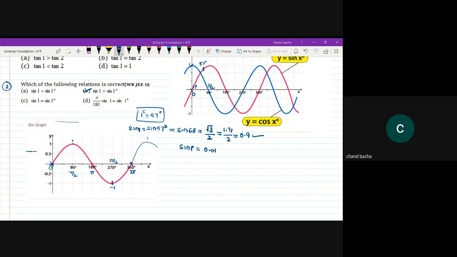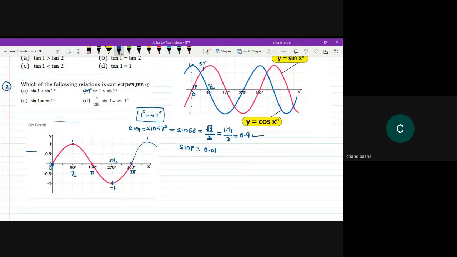Yeah, so I can go for, guys, the tan graph. This is a little bit complicated, but before going to that, once you can see the tabular values of tan. What are the tabular values of tan? Tabular values of tan start from 0.